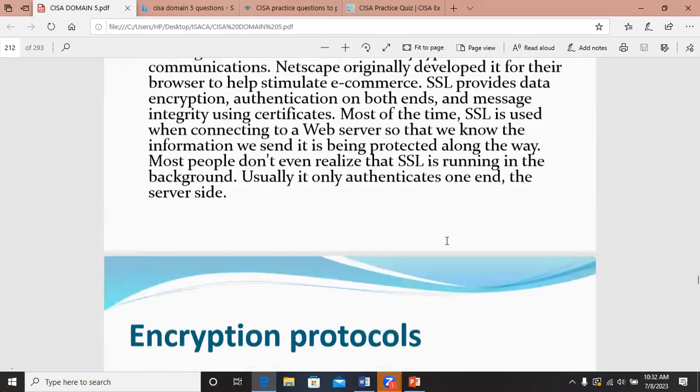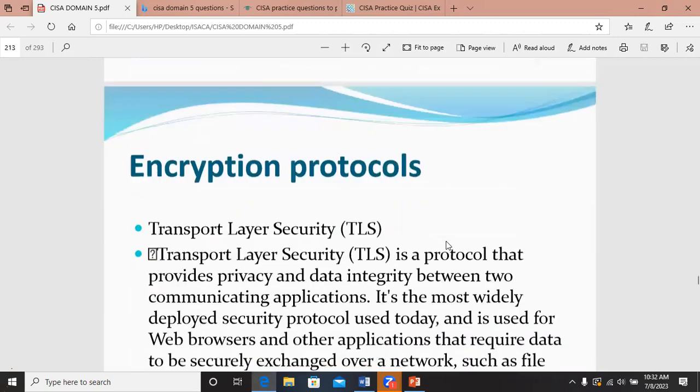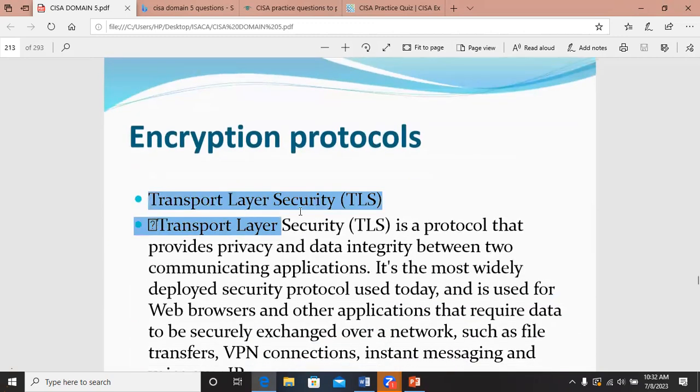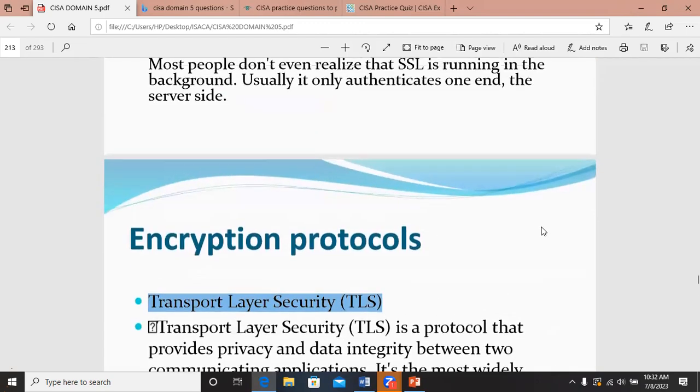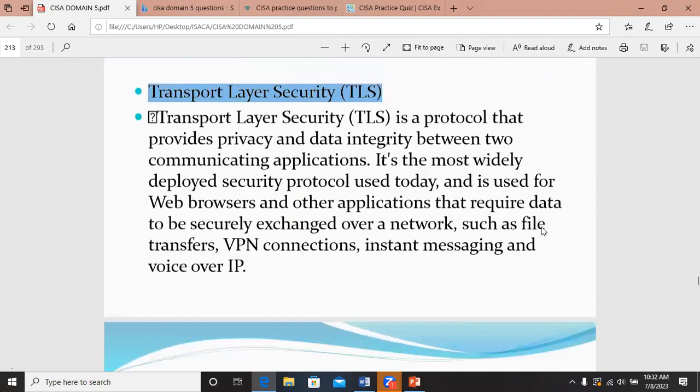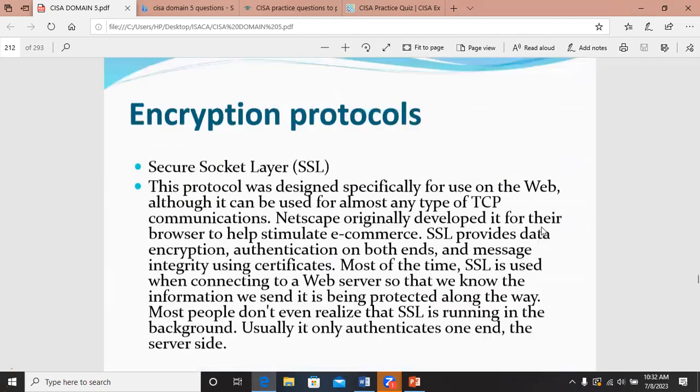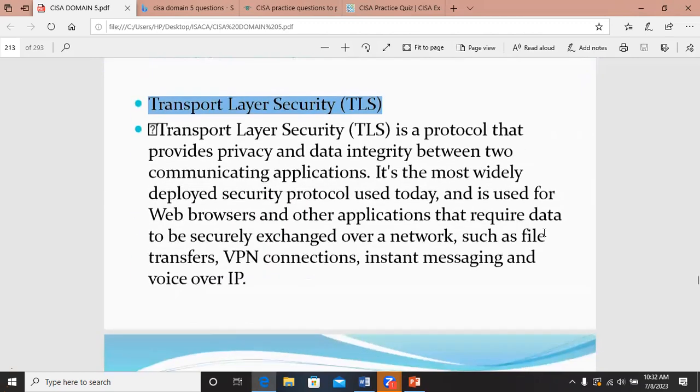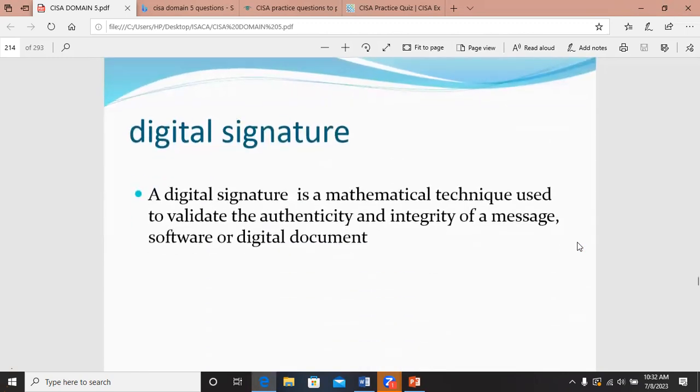It's also an encryption technology. TLS, transport layer security, has been developed to replace SSL, but that has not happened. I don't know why. SSL has been stubborn and refused to leave the scene. I think both of them are being used concurrently for now.